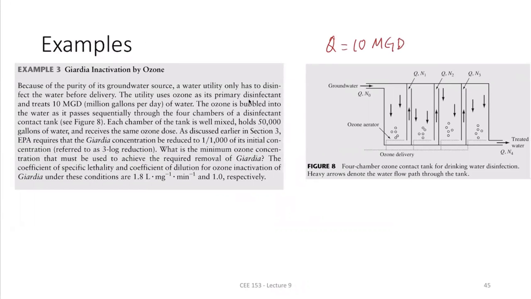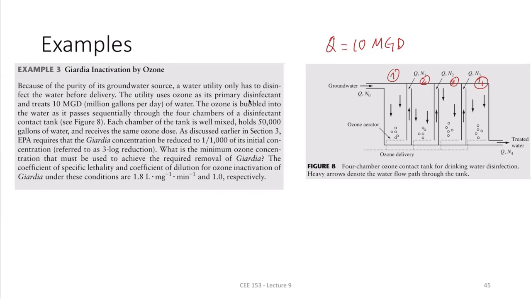The ozone is bubbled into the water as it passes sequentially through 4 chambers of a disinfectant contact tank. So you have 4 different chambers: chamber 1, chamber 2, chamber 3, and chamber 4. To make mixing more effective, you have multiple chambers as opposed to one.